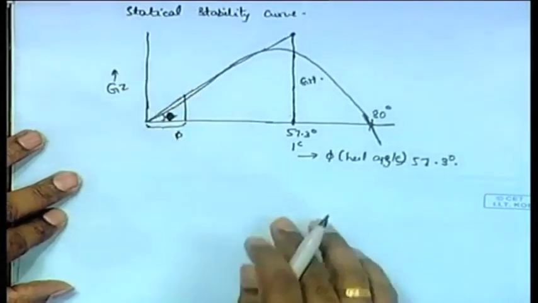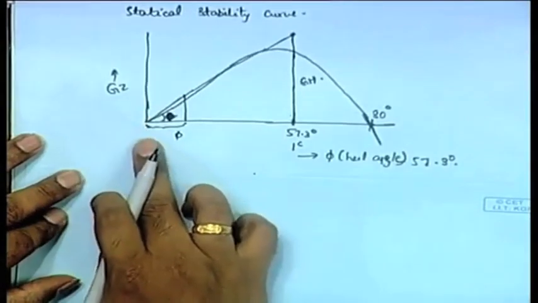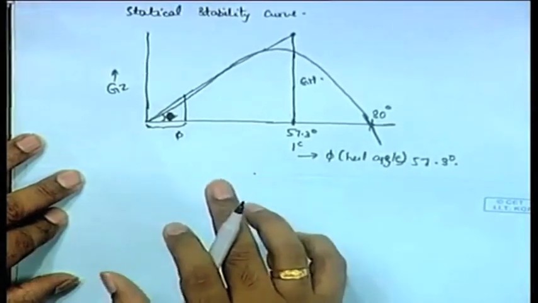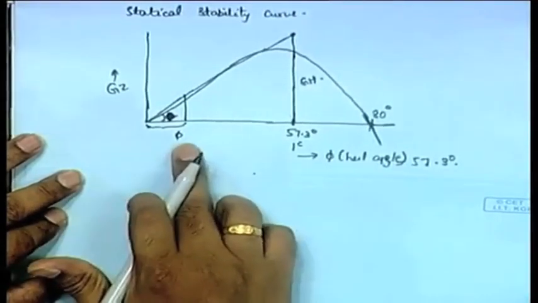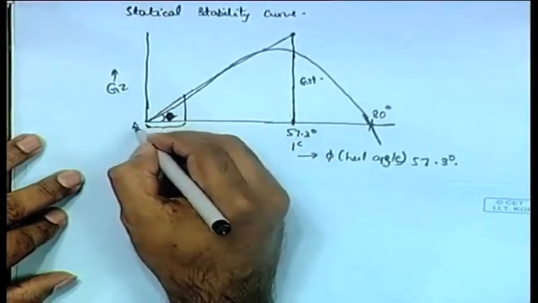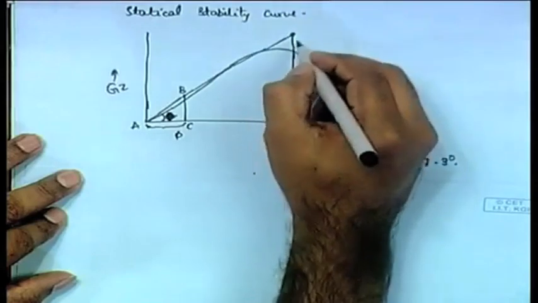Okay, this is the statical stability curve. It is a curve between the heel angle phi and the GZ. Now at any phi, it does not matter, to get an expression we are doing it at any phi, I draw a vertical. So these points I mark as A, B and C, D, E.